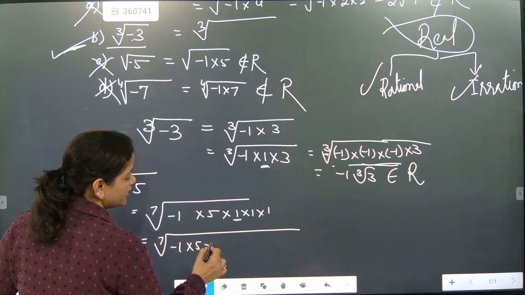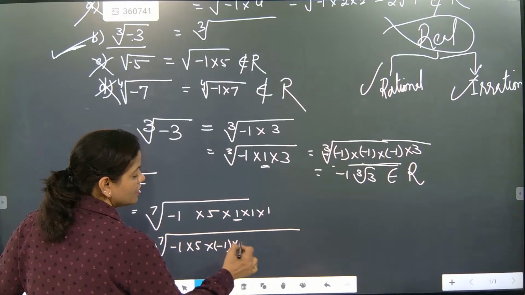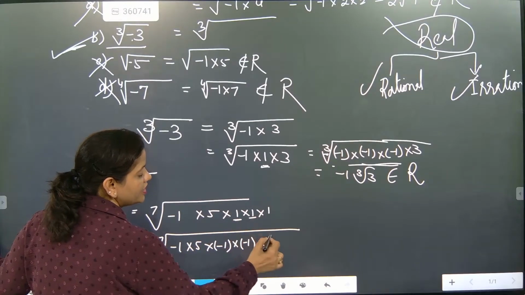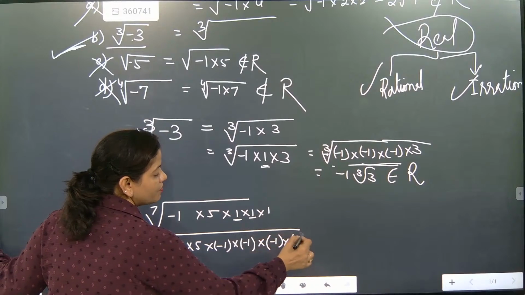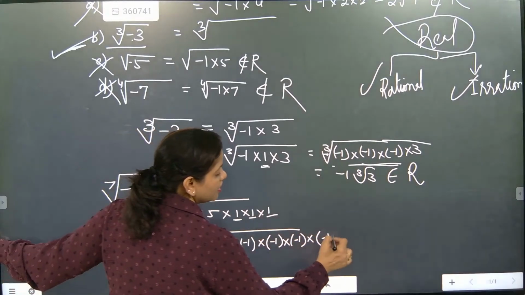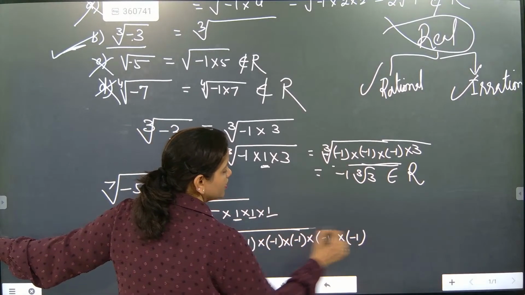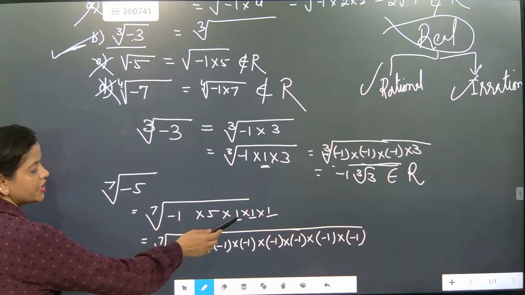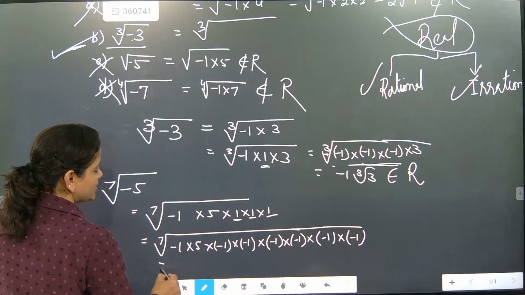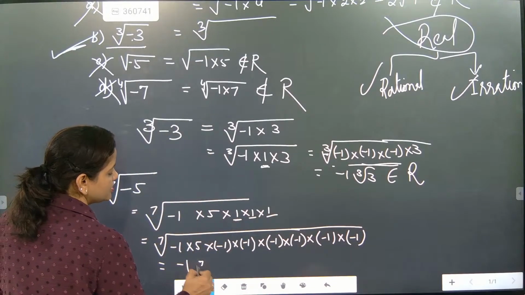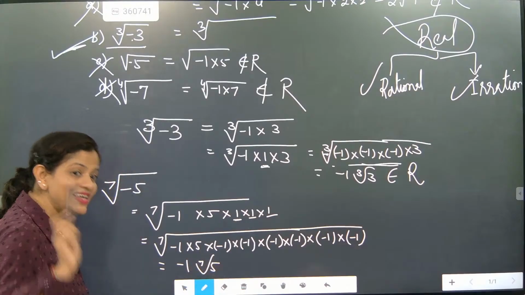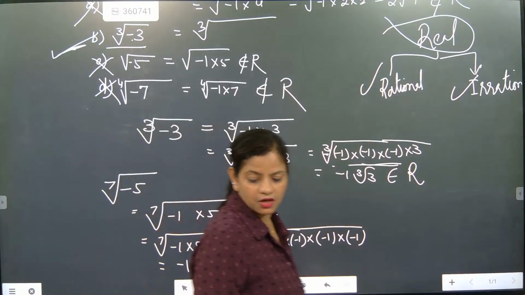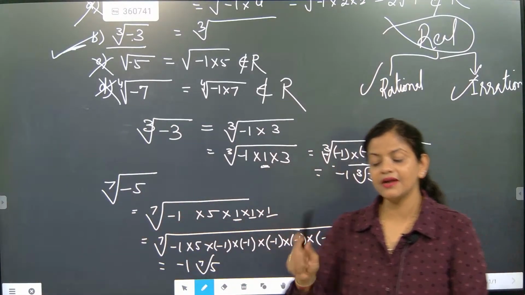Now 1 can be written as -1 into -1. How many times did this -1 come? 7 times. So one minus 1 will come out of the seventh root of 5. It is real and irrational.